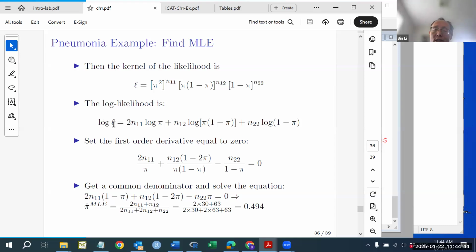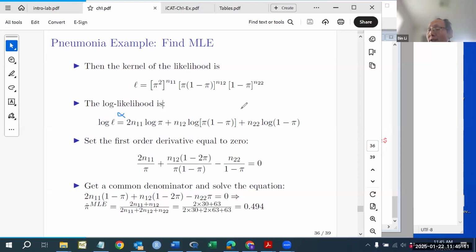So the log likelihood is the log of this. Actually, this is not rigorous, so I should replace the equal sign with a proportional sign, because I removed the multinomial coefficient part. That part is a constant, not a function of pi.